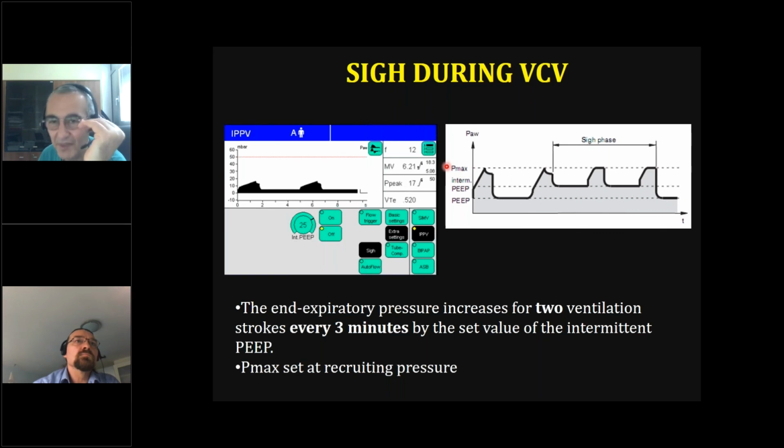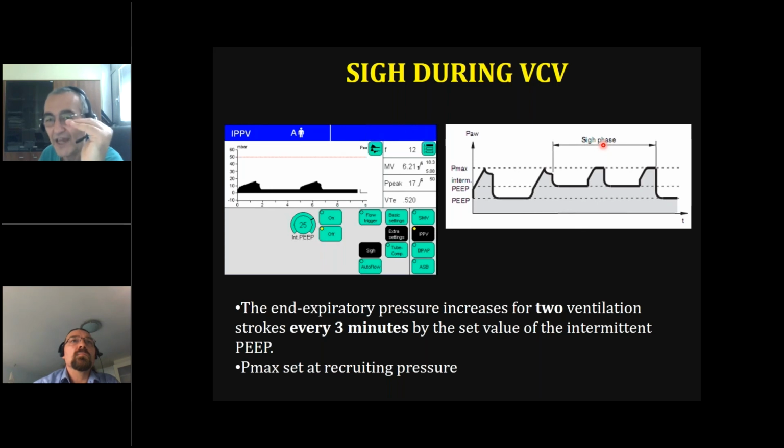I repeat, PEEP of 15, the delta pressure of 20. The ventilator goes from 15 to 35. Then it starts the ventilation. If I don't do anything, the pressure maybe will go to 60, 50, I don't know, it's dangerous. I don't want to reach this value. I want the ventilator to stop at 40.